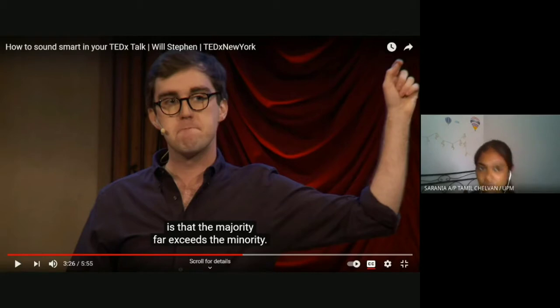In case the audience gets lost in the middle of the talk, the stress made by the speaker will help the audience to understand much better and catch the points made by the speaker. So the stress made there helps the audience to understand that the pie chart shows that the majority far exceeds the minority.